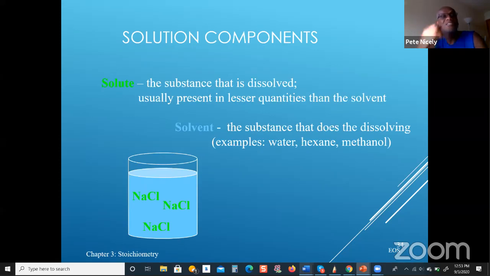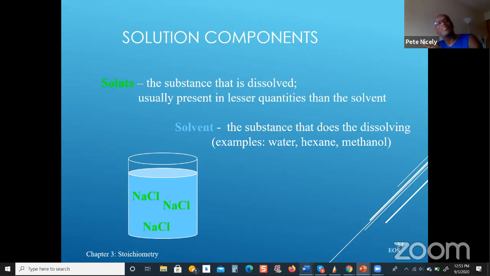Let me move on now to discussion of solutions, because solutions are important when it comes to stoichiometry as well, because a lot of reactions occur in solutions, especially aqueous solutions. So for us to have an appreciation and understanding of what solutions are, remember solutions are made up of two components. You have the solute and the solvent.